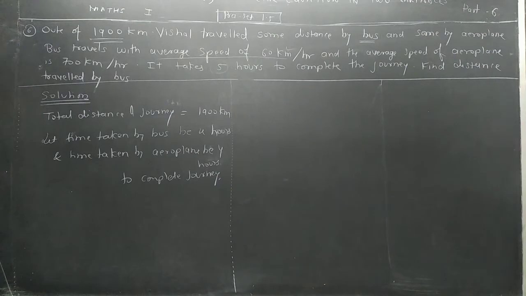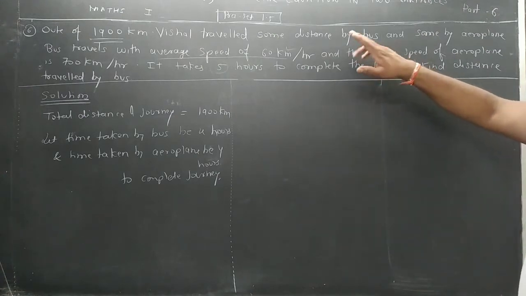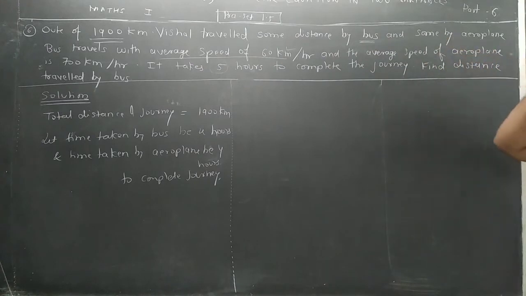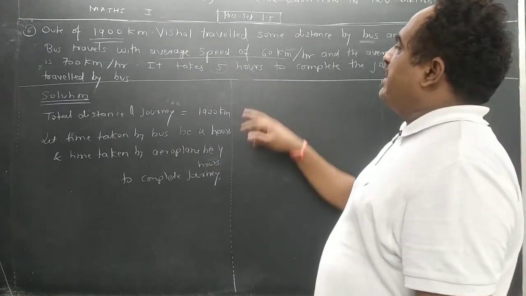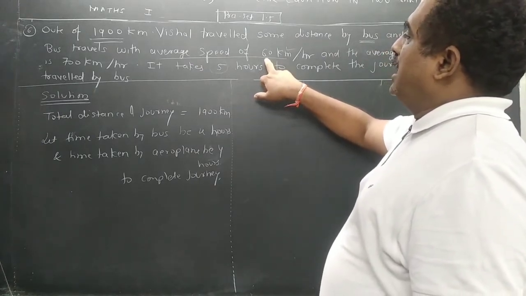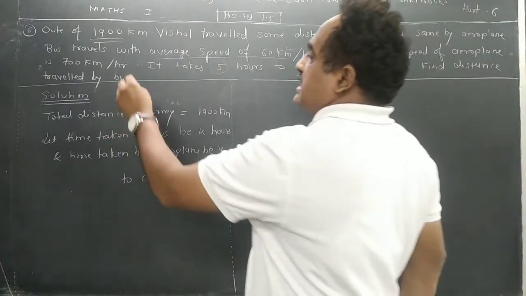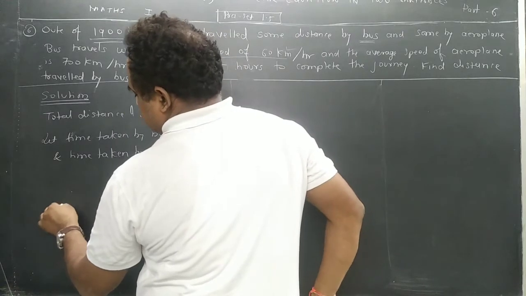Now if you see, they have given that we shall travel some distance by bus, some distance by aeroplane. Average speed of bus is 60, and average speed of aeroplane is 700.